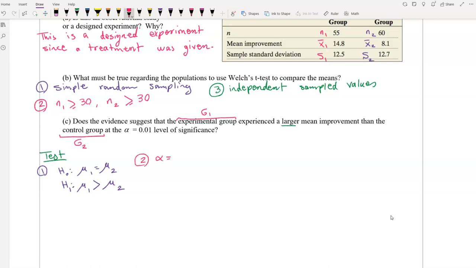In step 2, alpha is given. It's 0.01. Step 3, test statistic.